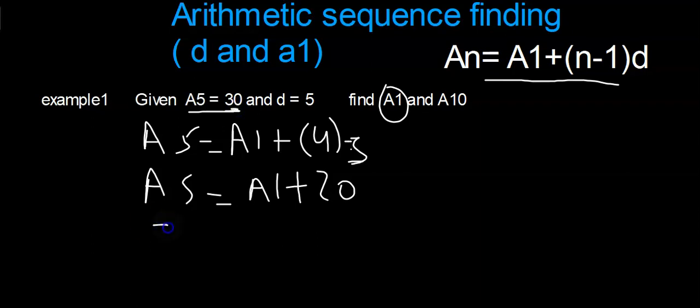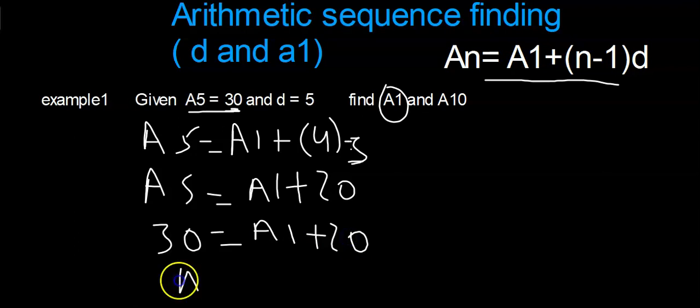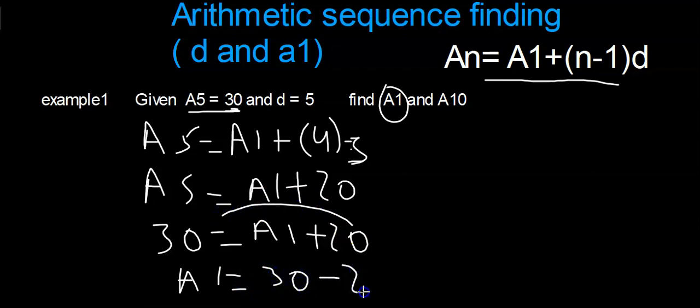So I'm going to say 30 equals a1 plus 20, and then I can find the value of a1. So a1 will be 30 minus 20. So a1 will be 10. I hope you guys understand the process.